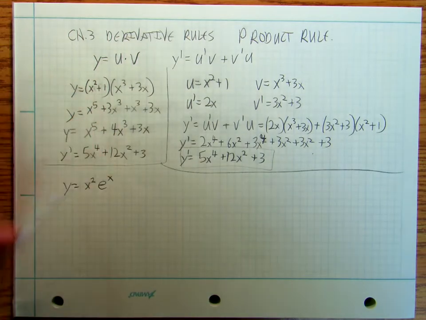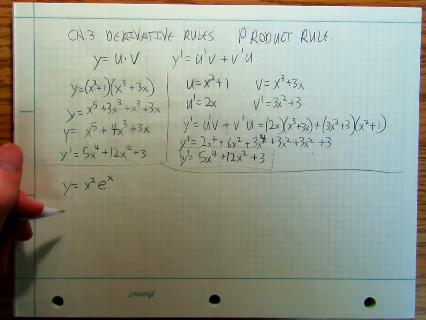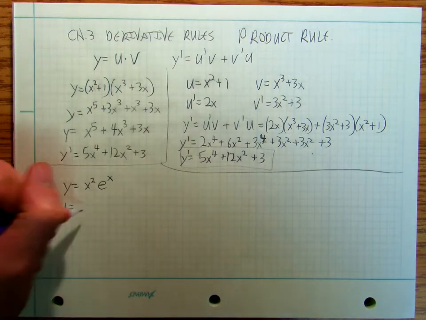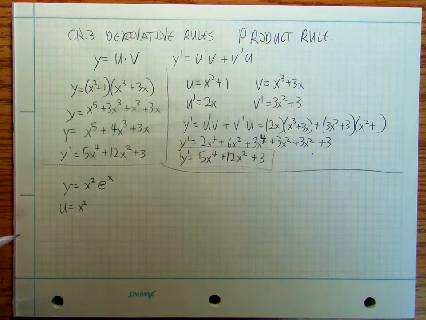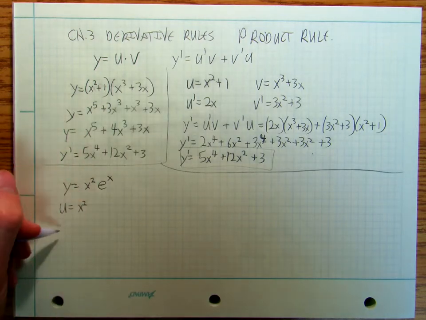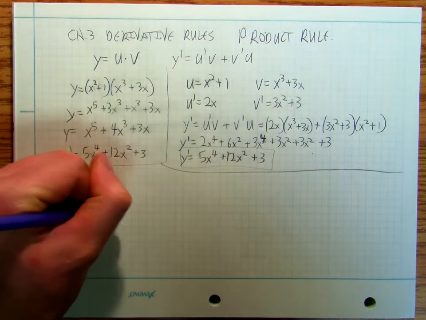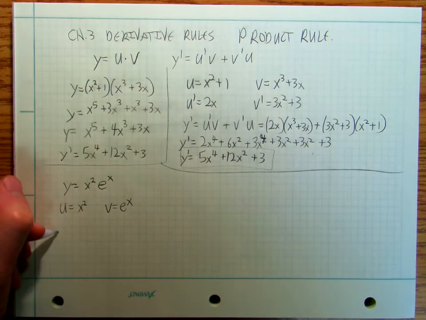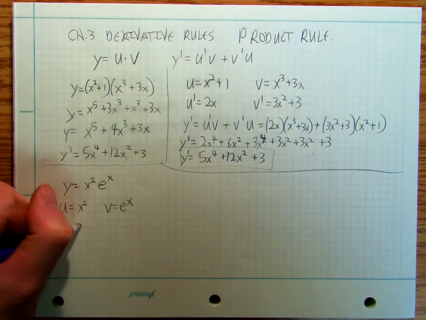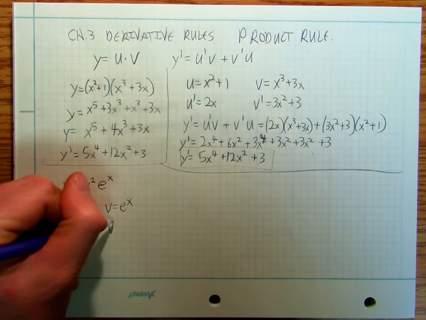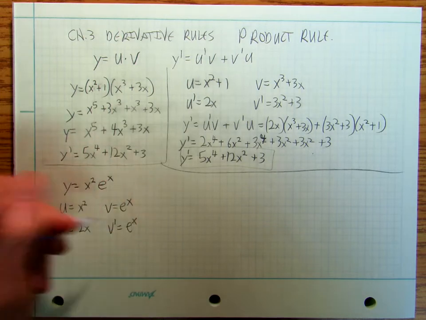Let's just start off simple. Okay? So then I'm going to say u equals x squared, and v equals e to the x. u prime is equal to 2x. v prime is equal to e to the x.